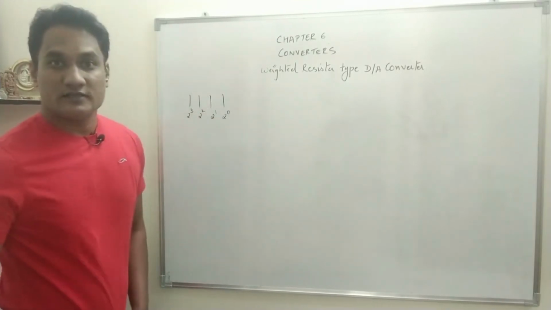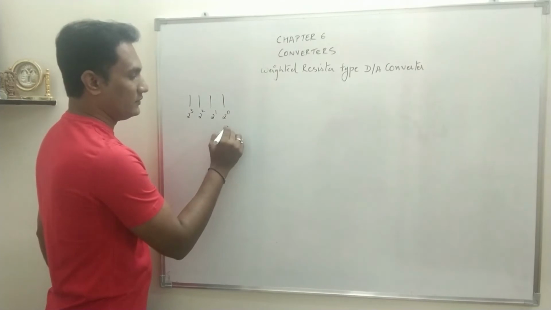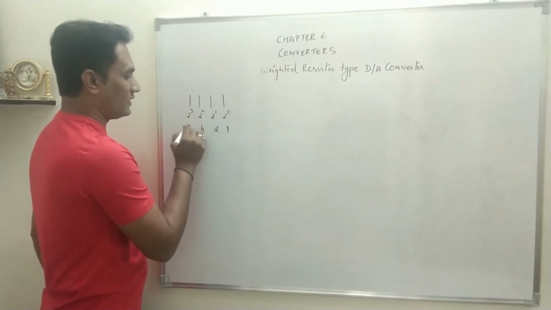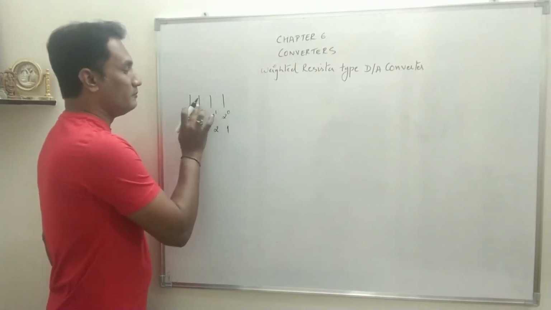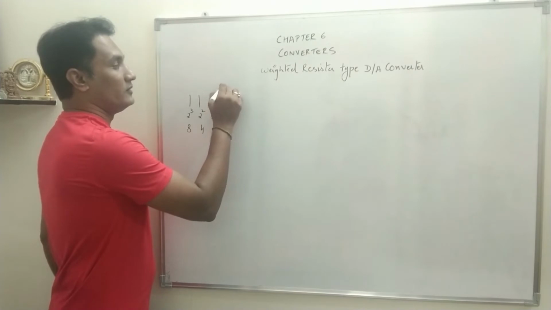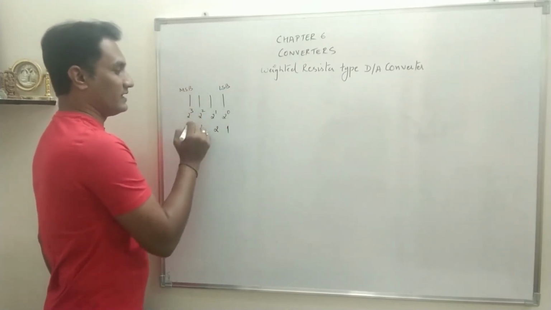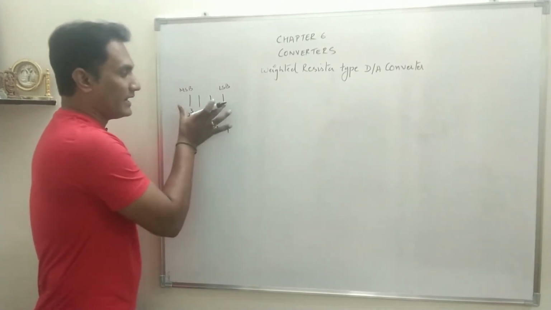So the weights are 1, 2, 4 and 8. Of course, this is the LSB and this is the MSB. MSB has the highest weight, LSB has the lowest weight. So this is the weight of the binary number.